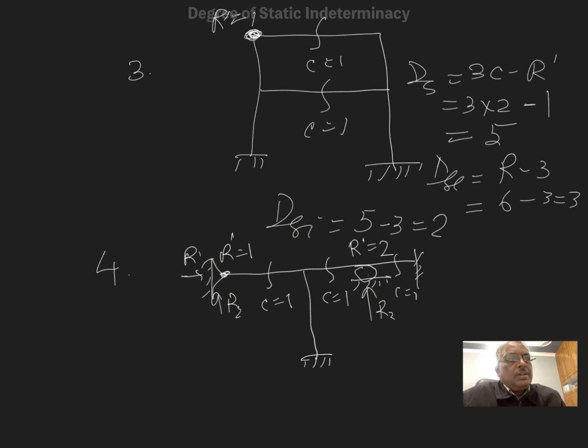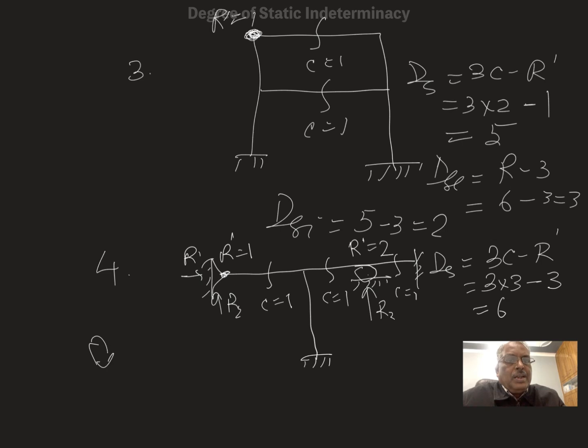So this is for all the tree-like structures, meaning determinate structures. How will DS be? 3C minus R dash, and this is the plane structure. So how many cuts have I made? 3. How many restraints? 2 and 1. There are 3 restraints. So there is 6 degree of indeterminacy total here.